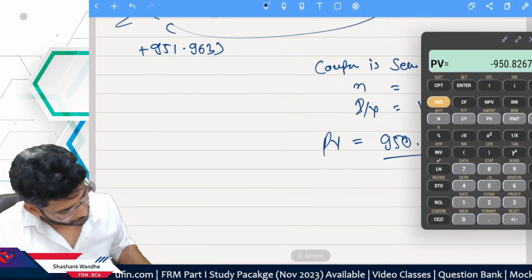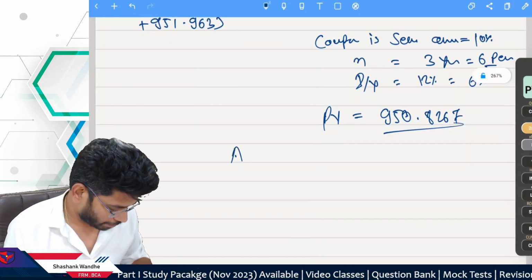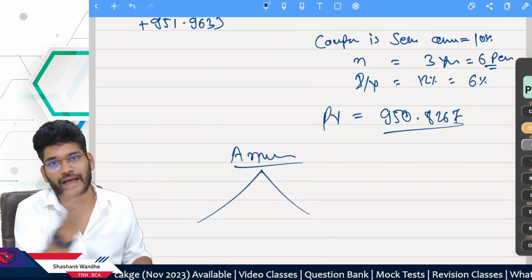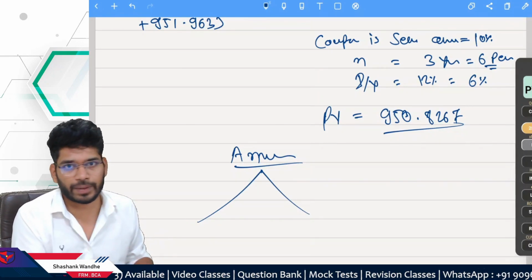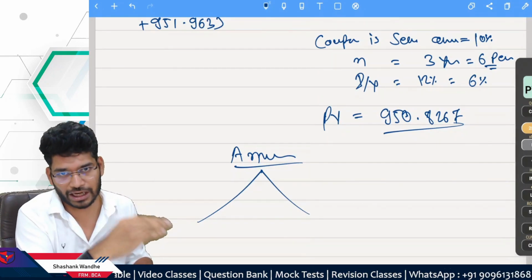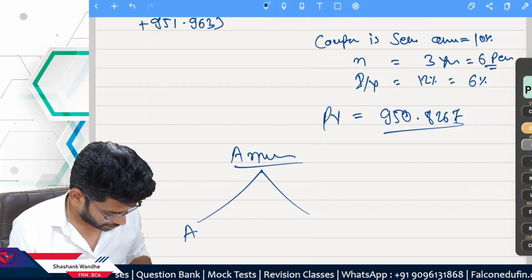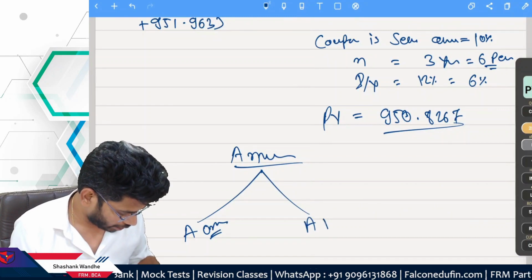Now, next is the annuity and the perpetuity. Let's first discuss the annuity. Annuity means there are cash flows for a limited number of periods and you have to calculate the present value or future value depending on the scenario. But we have some cash flows, okay? So fixed cash flows. Now, simple, we have first the annuity ordinary and then we have the annuity due.